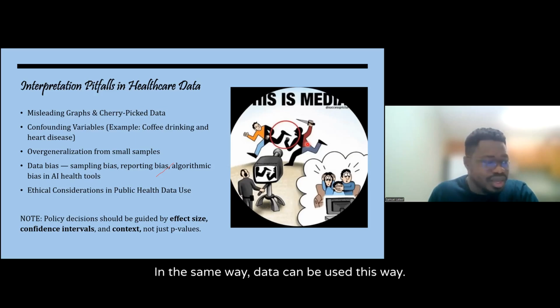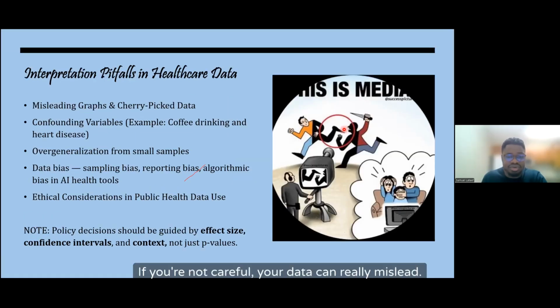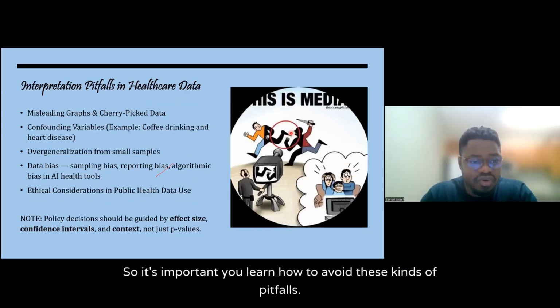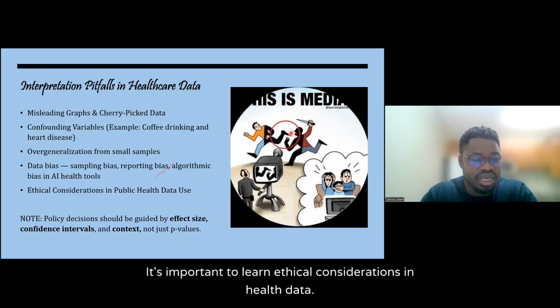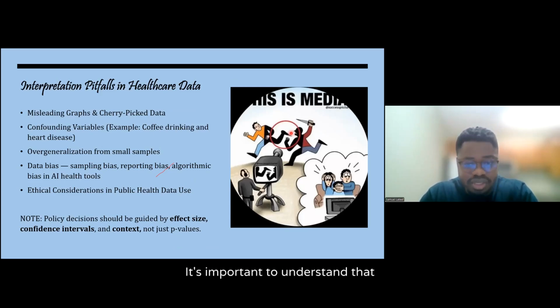In the same way, data can be used this way. If you're not careful, your data can really mislead. So it's important you learn how to avoid these kinds of pitfalls. It's important to learn ethical considerations in health data. It's important to understand that your data can bias the public, right?